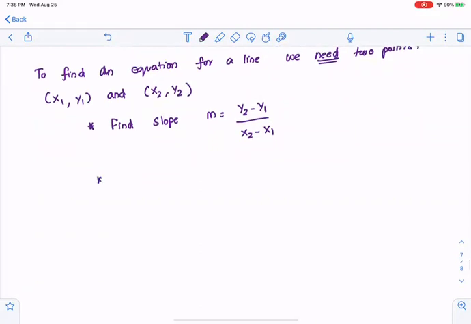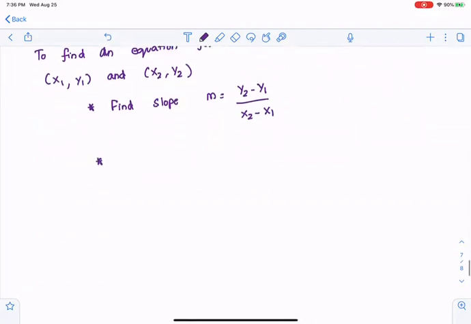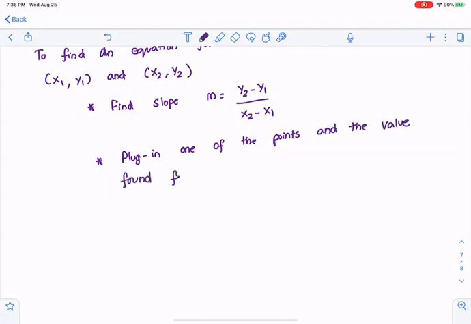Second step, plug in one of the points and the value found for m in y equals mx plus b, and solve for b.